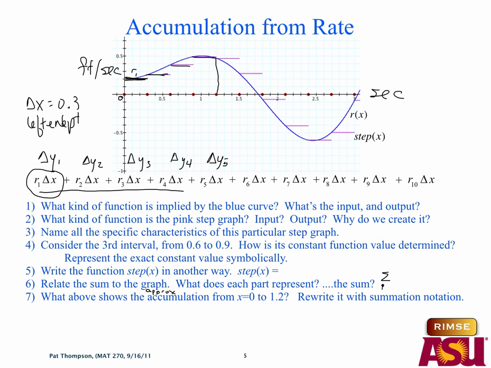We're going to start our sum at i equals 1. We need 4 of them. R sub i delta x. We could also call those changes in y sub i, to really get at the fact that we're looking at little bits of changes in distance.